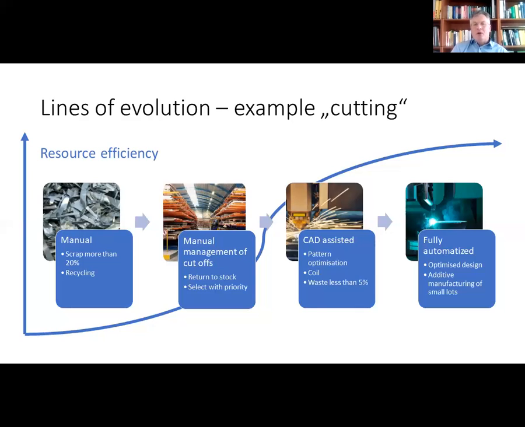A company now would allocate the practices they use on this line of evolution, and clearly the next steps would indicate potential for improvement and hopefully generate ideas what the company in practical terms can do to enhance their resource efficiency.